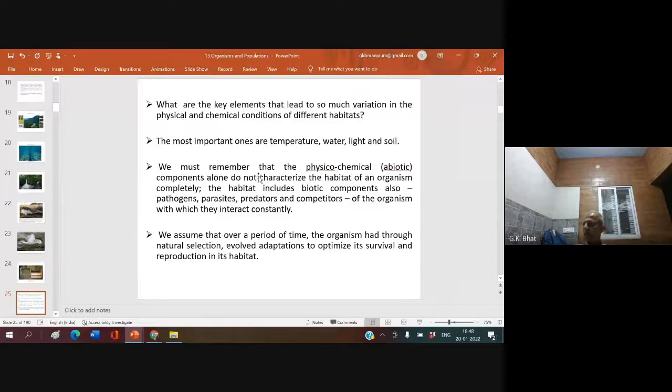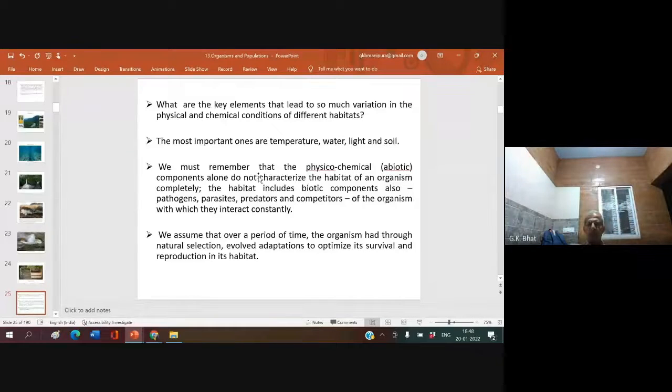The most important ones are temperature, water, light, and soil. We are going to look into some of these: temperature, water, light and soil. These are the most important abiotic factors, abiotic conditions.